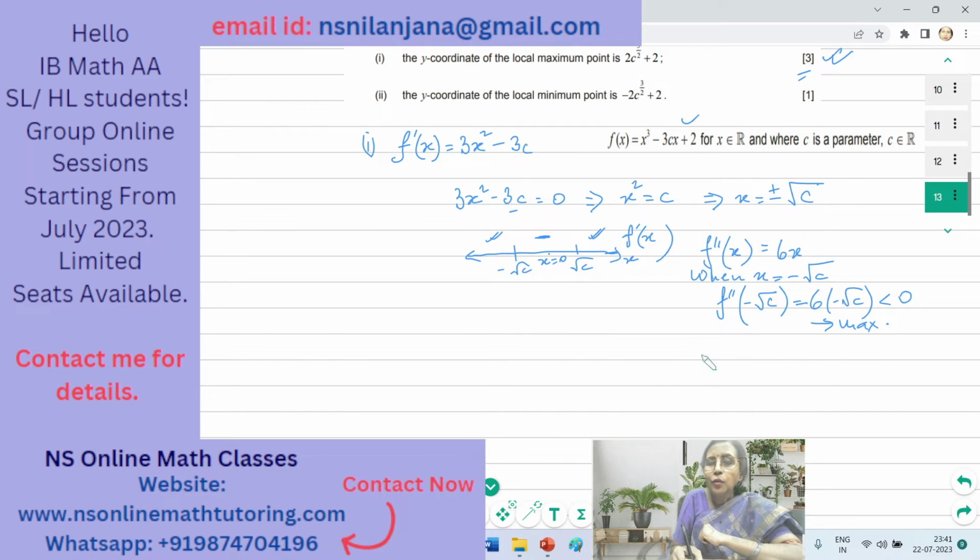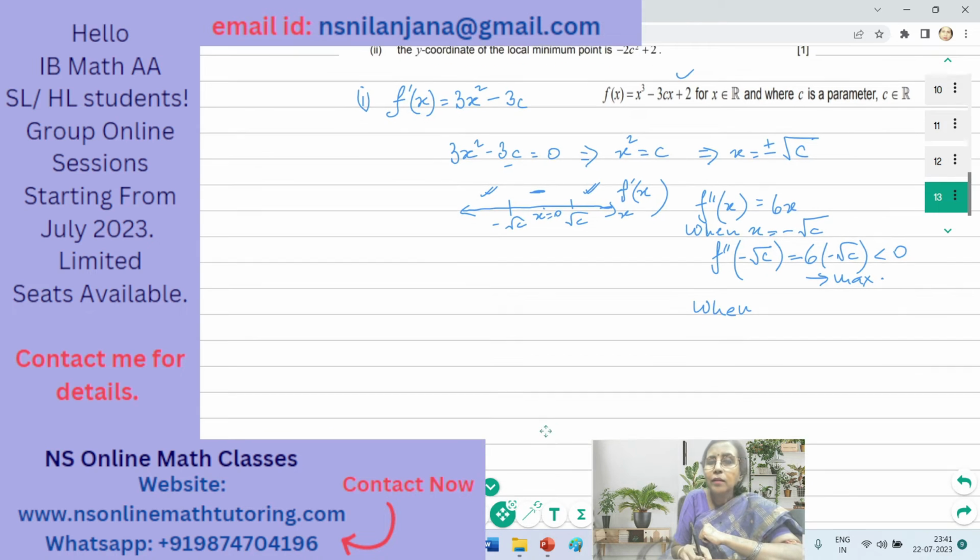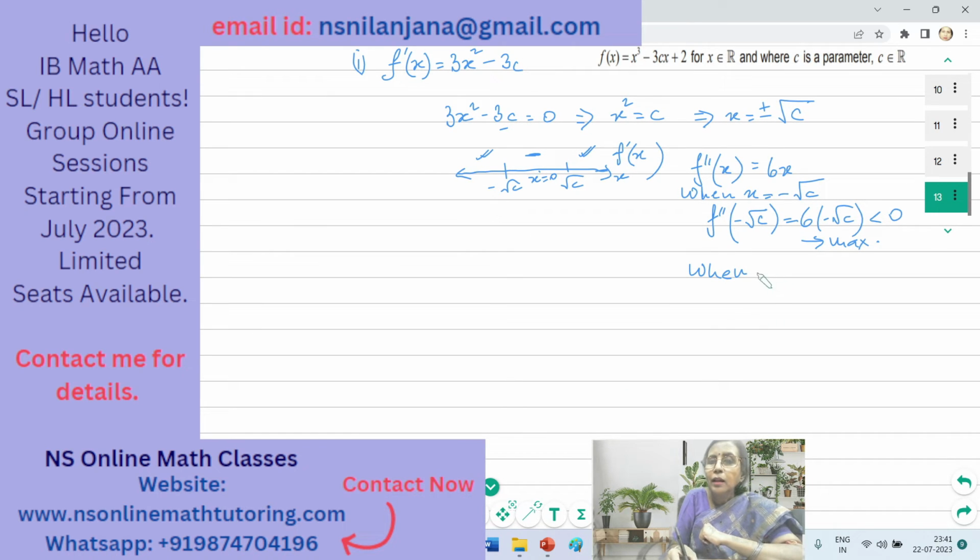And when x equal to positive square root of c, f double dash of positive square root of c will be 6 times positive square root of c, that is greater than 0. So this is the minimum.